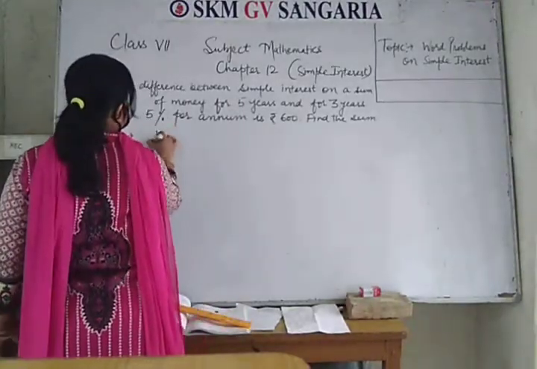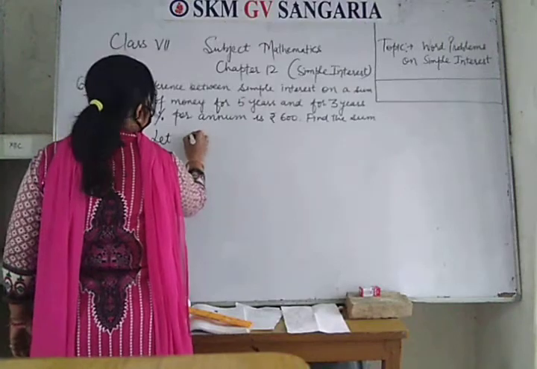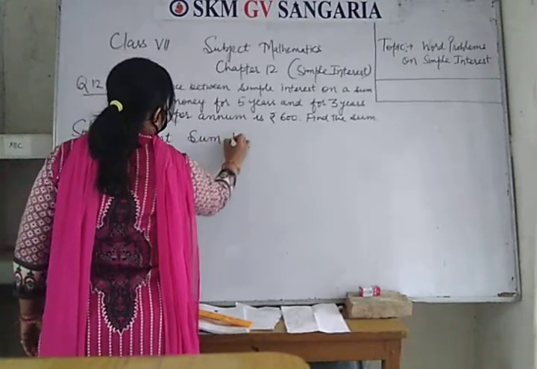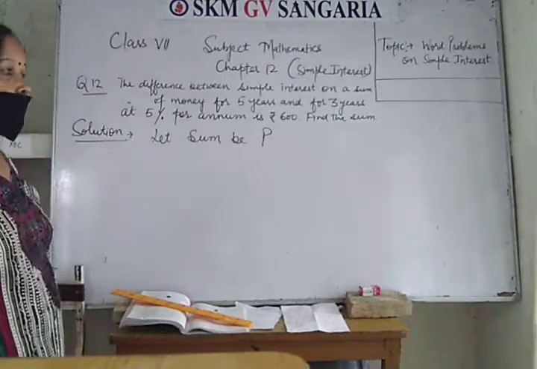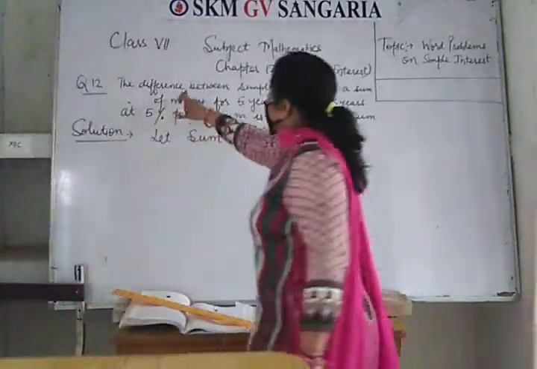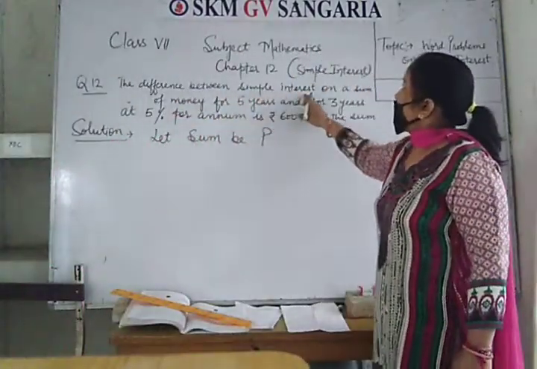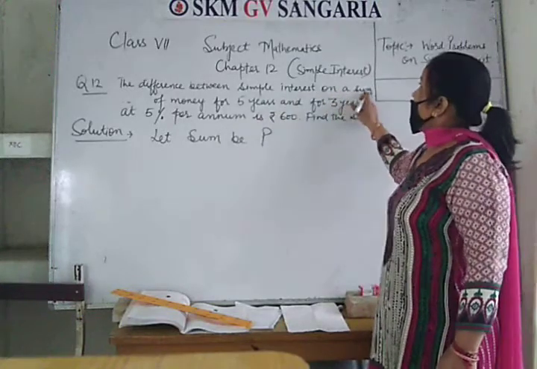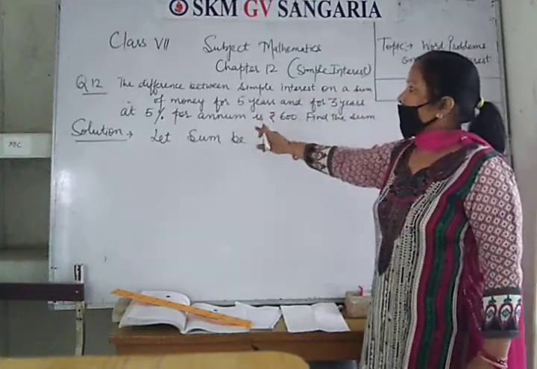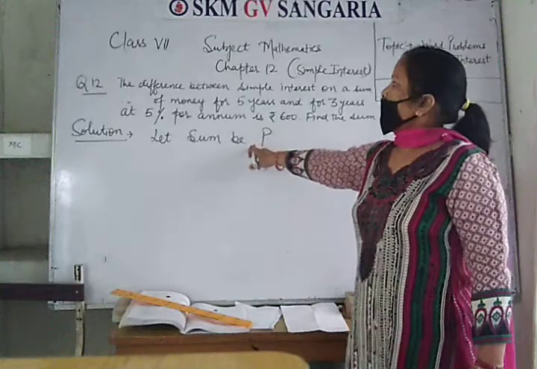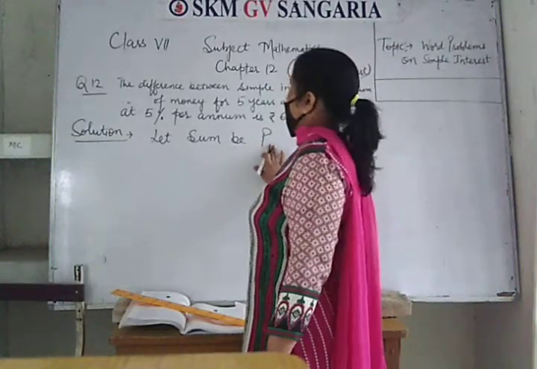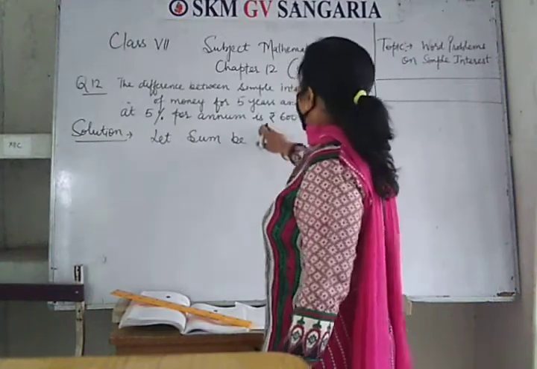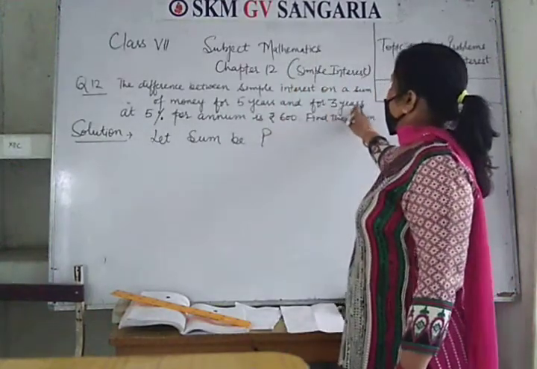Let the sum be P, capital P. Okay. So according to the question, the difference between simple interest on a sum of money, let the sum be P, capital P, for 5 years and for 3 years.